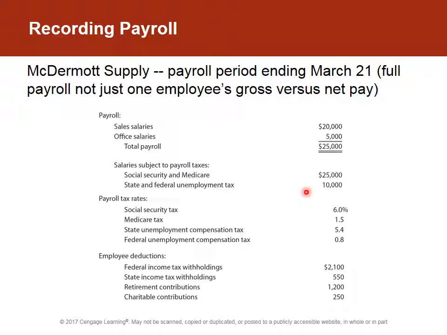Companies that don't frequently lay off, and therefore their former employees don't have to draw unemployment, don't have to pay as much unemployment. So here are our rates: Social Security, Medicare, state unemployment, remember again on a limited amount of payroll, and federal unemployment. And these are the deductions that we've got in total for federal and state tax, retirement, and charitable contributions.